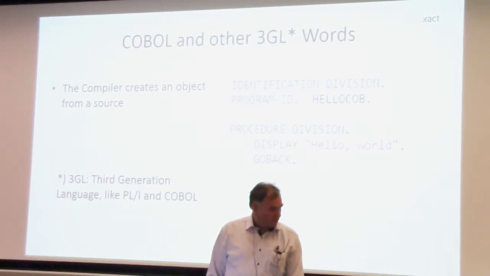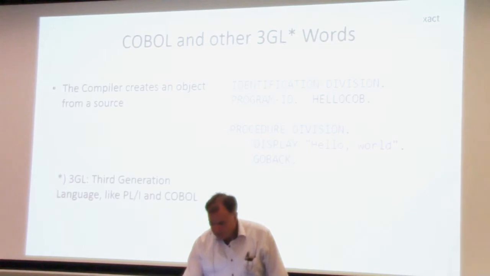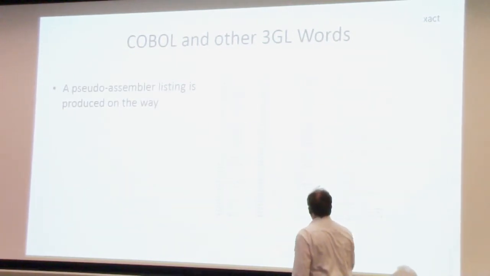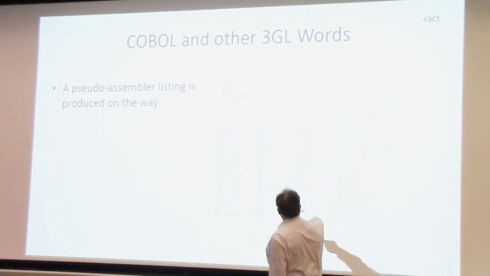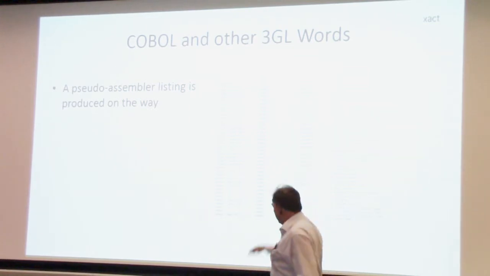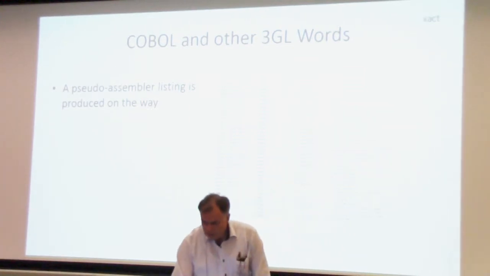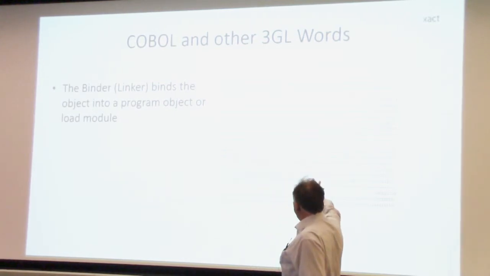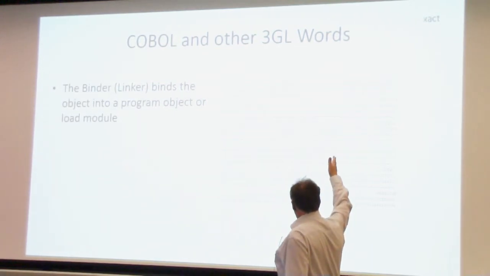Tom has talked a lot about the compiler. It creates an object from the source, and on the way it creates a pseudo-assembler listing. This is the assembler code which the COBOL program is turned into, more or less. And you get an object which looks something like that, a binary thing, 80 bytes broad.